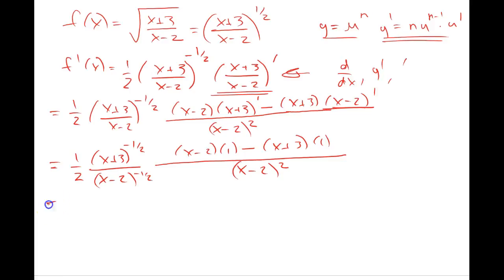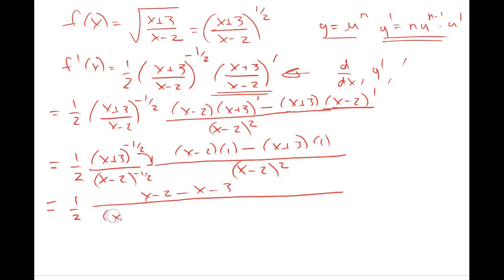So what I'm going to do now is rewrite this. And I'm going to bring this term down. And essentially what's going to happen is that we're going to have a lot on the bottom. Well, the numerator, first of all, I'm going to have x minus 2 minus x minus 3.